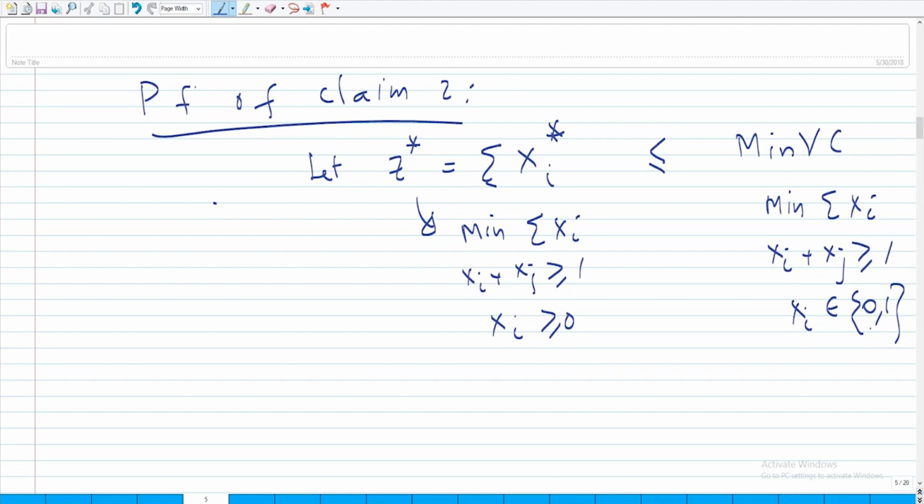Any solution of the integral problem is also a solution here, and now I have relaxed it. So, I may get even fractional solutions and this value could become smaller. So, Z star is less than or equal to the minimum vertex cover.